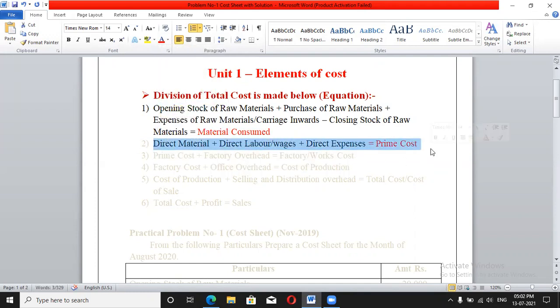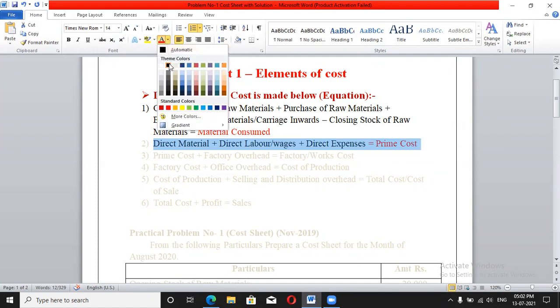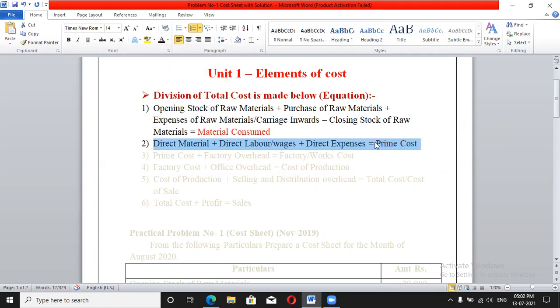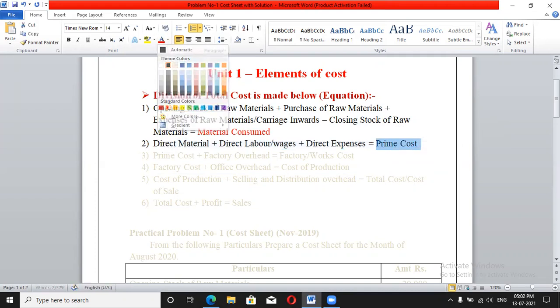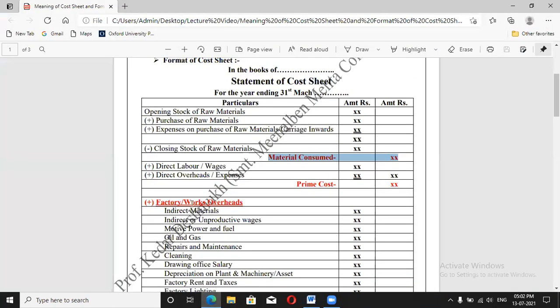In the format of cost sheet, when we add direct labor, that is wages, and then add direct overhead or direct expenses, we get the prime cost.